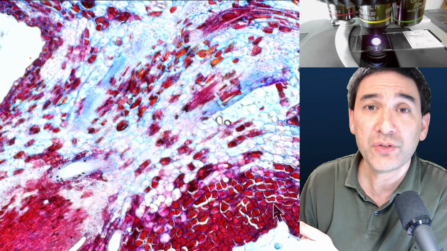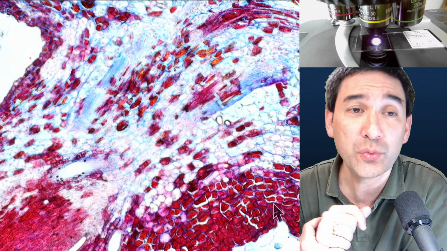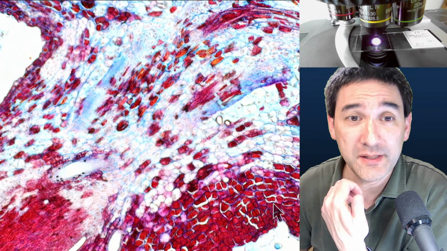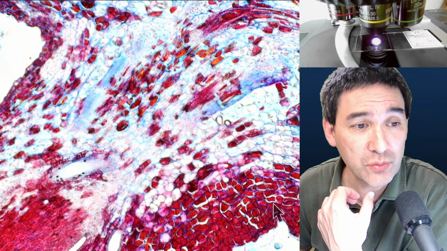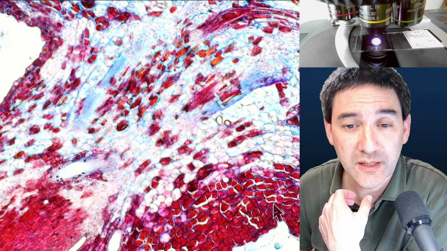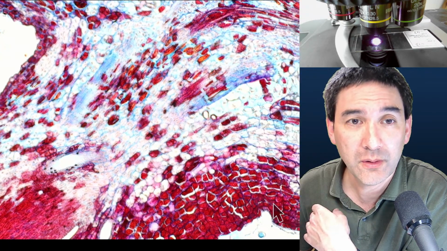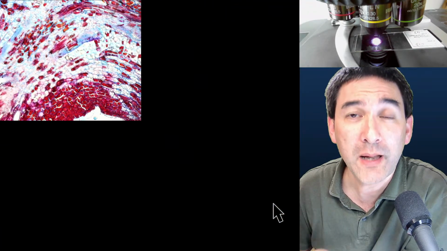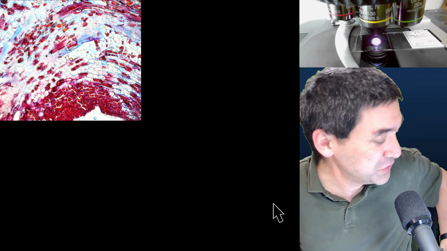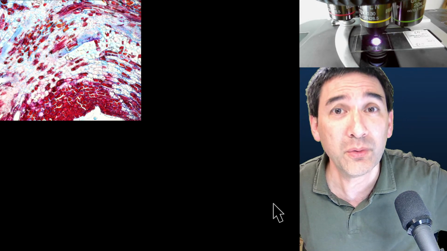I'm right now using the 10 times objective, but actually on screen it's magnified more than 10 times. And what happens now? Just to illustrate this a little bit. Just a second, look what I'm doing now. I'm not changing the magnification, right? So what am I supposed to write now on the image?